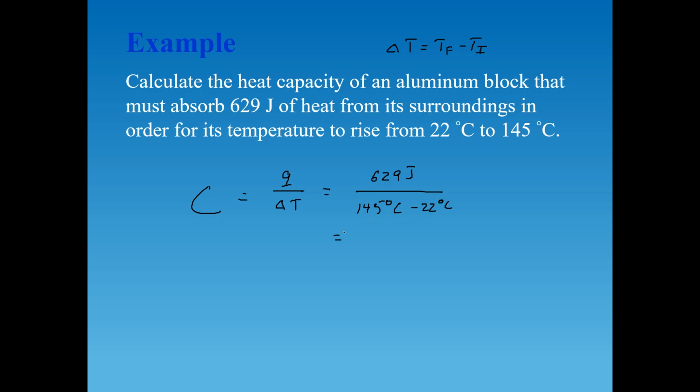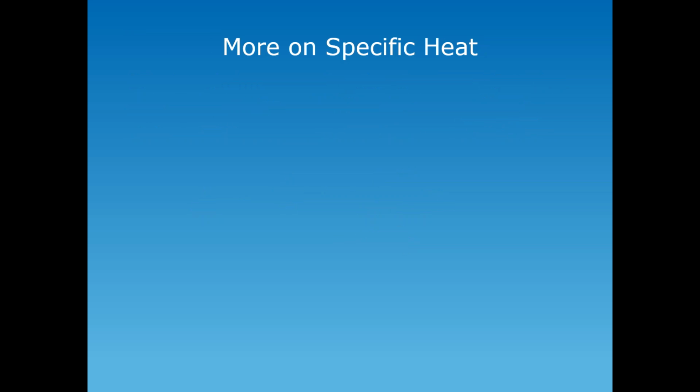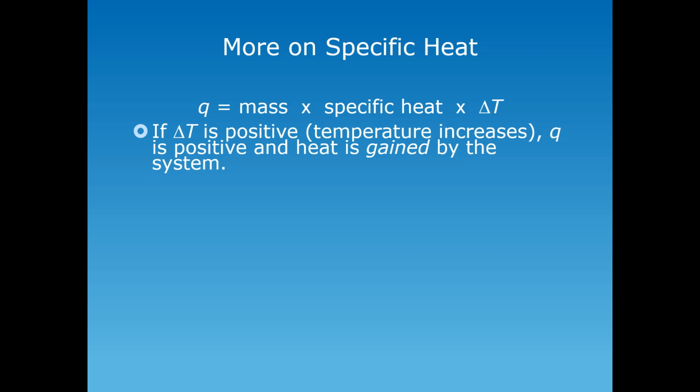And then according to my calculations, this works out to be equal to 5.11 joules per degrees Celsius. All right, so that's basically how that problem is solved. Okay, some more things on specific heat. Now remember, this is the relationship between heat change, mass, specific heat, and the change in temperature, all right?